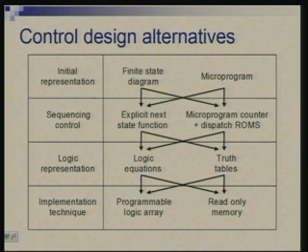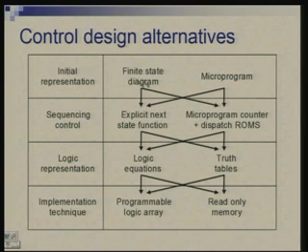Now, looking at all these possibilities we have talked of, we have multiple options at various stages in the process of design. At the initial representation level, you can draw a finite state machine diagram, or you can write a program, a microprogram. At the sequencing control level, you could have either an explicit next state function coming out of a PLA or memory, or you could have a microprogram counter plus dispatch ROMs.